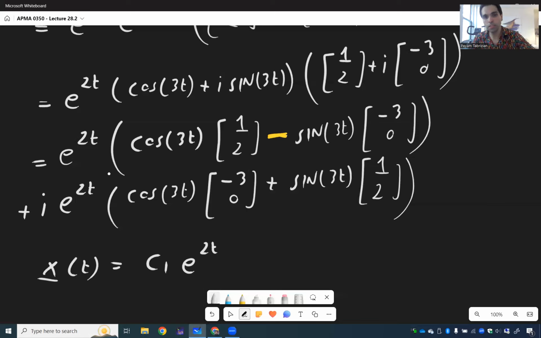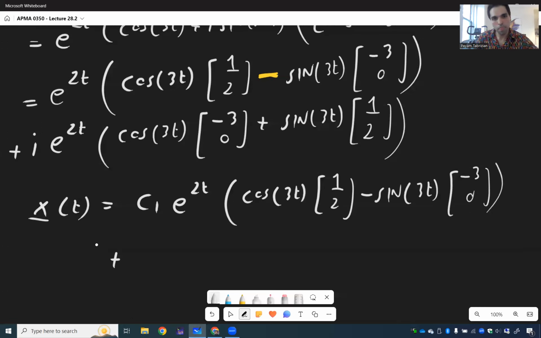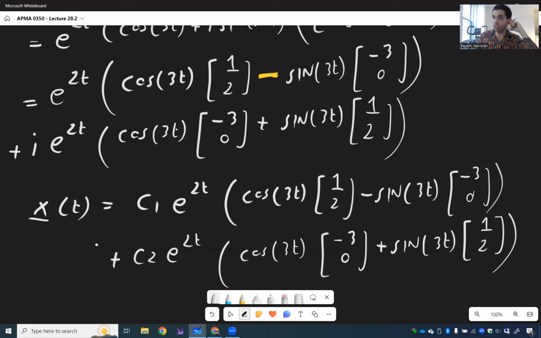So the solution would be C1 e to the 2t (cosine 3t (1, 2) minus sine of 3t (minus 3, 0)), and then plus C2 e to the 2t (cosine 3t (minus 3, 0) plus sine of 3t (1, 2)). And that's all she wrote, except for the phase portrait.